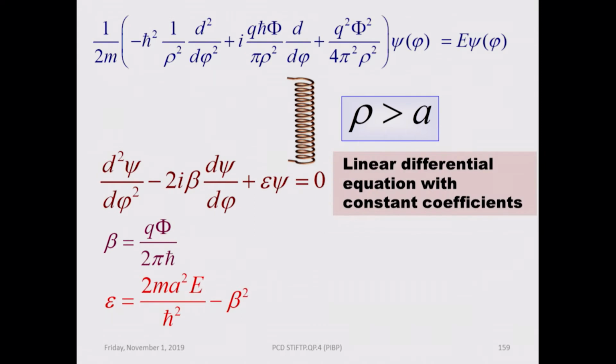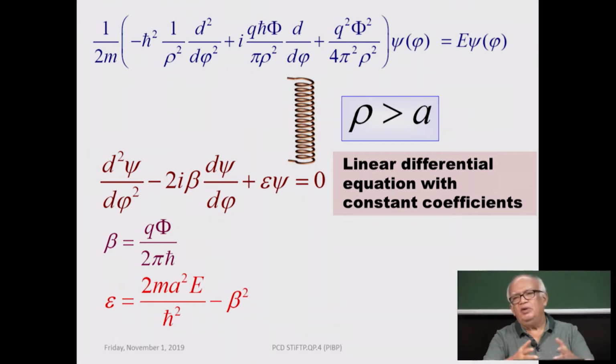So, if you look at this equation, this is nothing but a linear differential equation with constant coefficients. Okay? You can simplify it, you can deal with the equation at the top, but then you have to write too much because you have to write q phi over 2 pi h cross every time and so on. So, you simplify the notation a little bit by introducing these auxiliary or ad hoc intermediate terms beta and epsilon.